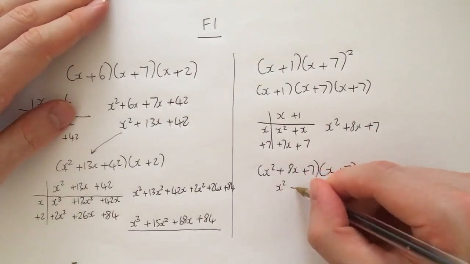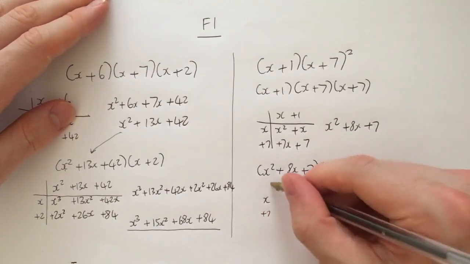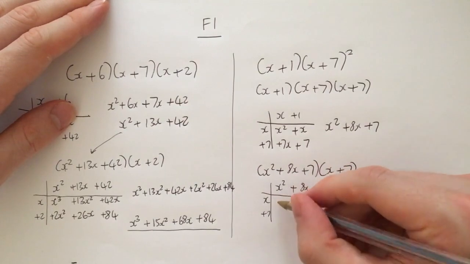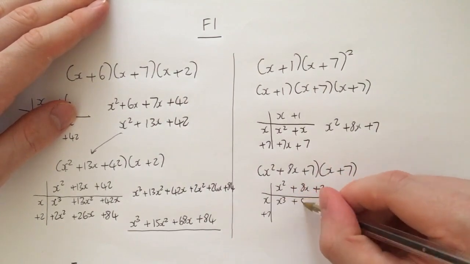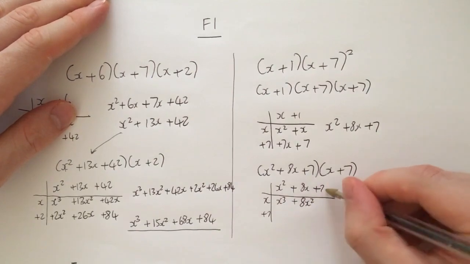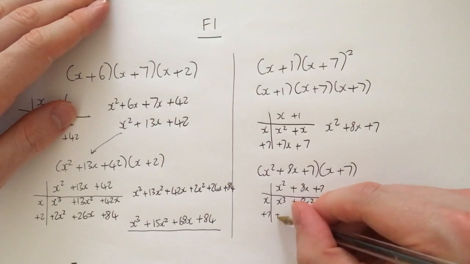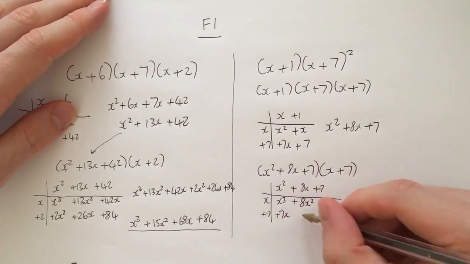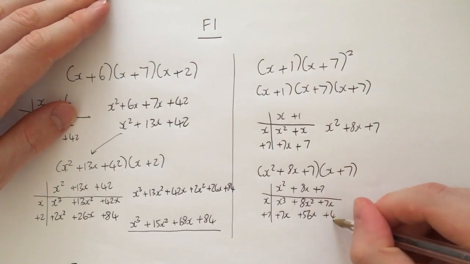Same process, x squared plus 8x plus 7, x plus 7. x squared times x, x cubed, 8x times x, 8x squared, 7 times x is 7x, x squared times 7 here is 7x, 8x times 7 is 56x, and 7 times 7 is 49.